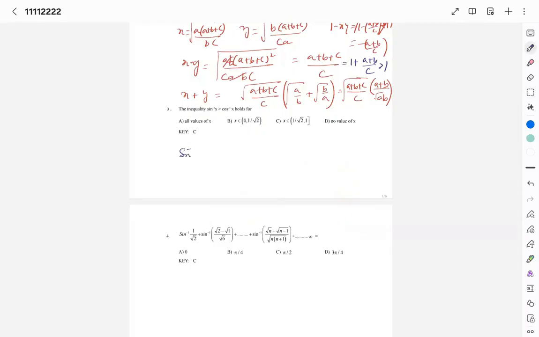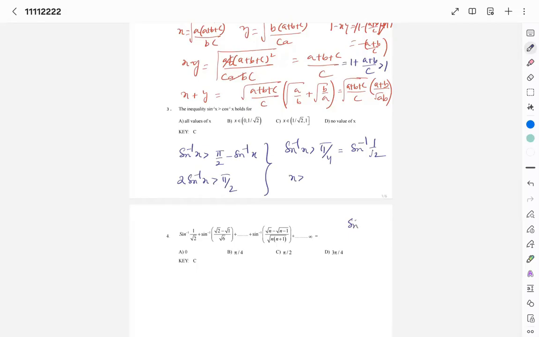So sine inverse x is greater than pi by 2 minus sine inverse x. 2 sine inverse x is greater than pi by 2. Sine inverse x is greater than pi by 4. So here it is sine inverse 1 by root 2. Is sine inverse an increasing function or decreasing function?